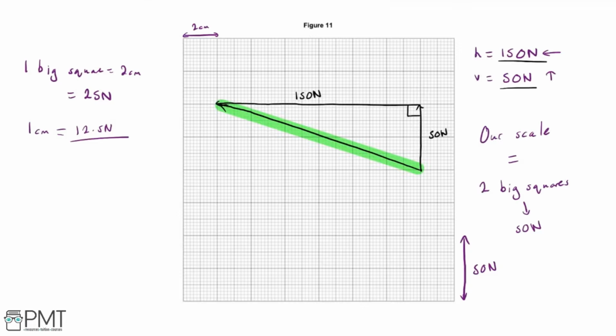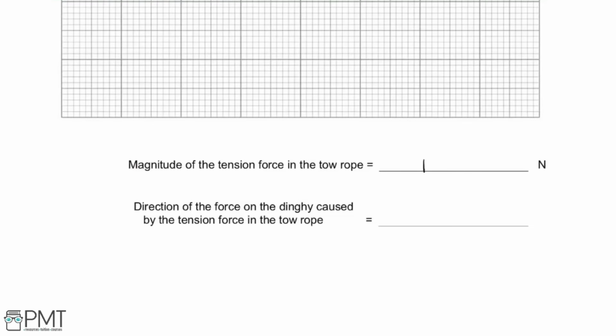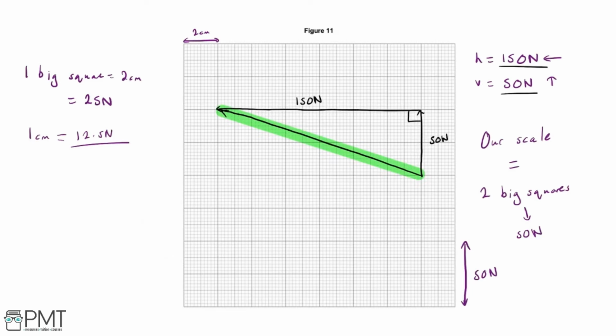It's quite difficult to explain on the screen, but for the magnitude, the mark scheme says that you should end up with a value between 156 newtons and 160 newtons. So I'm going to go down the middle with 158 newtons.